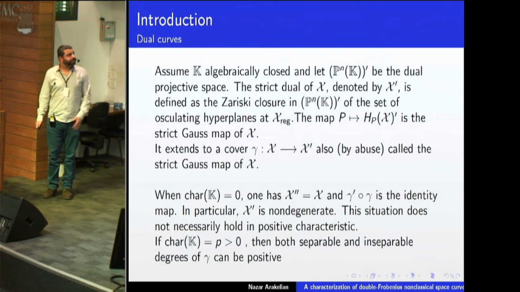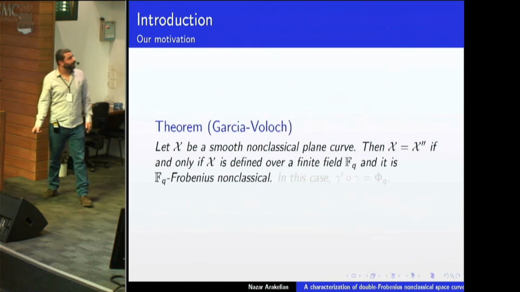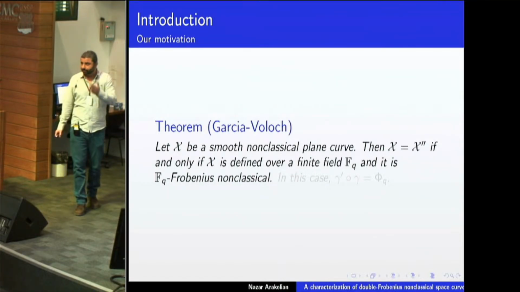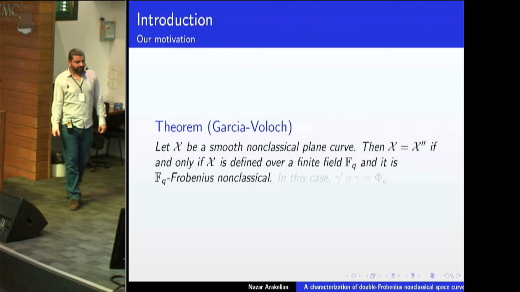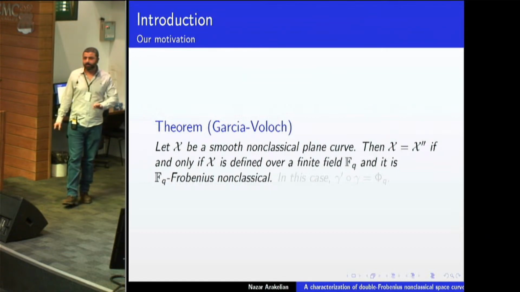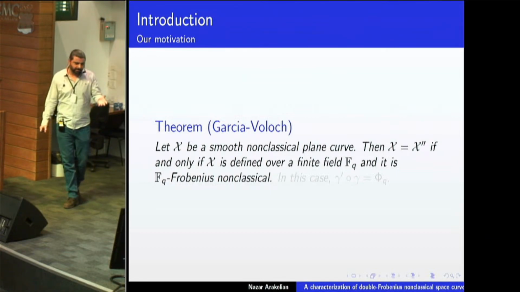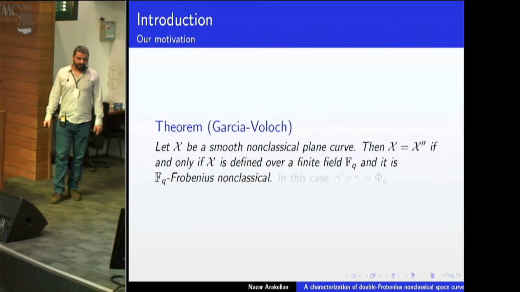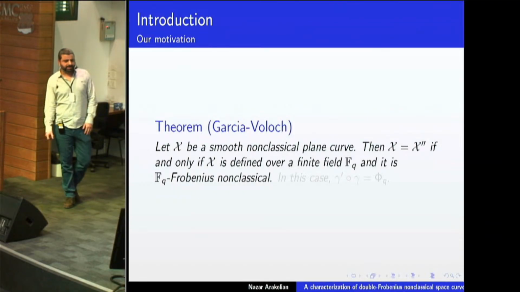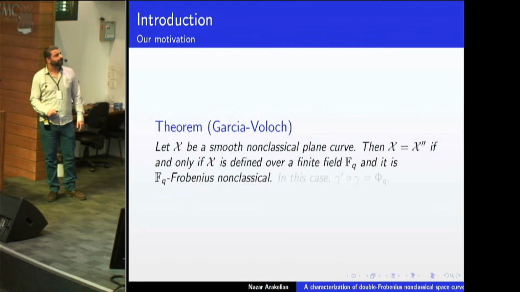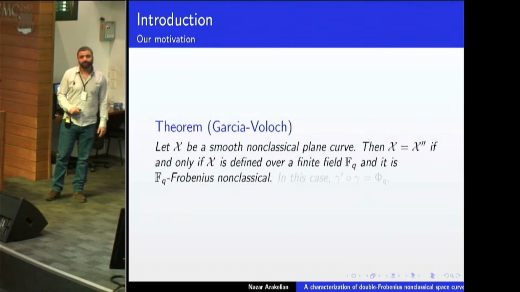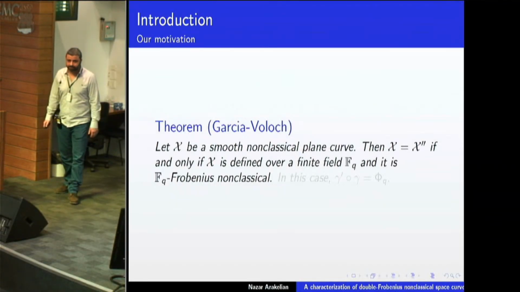Because our motivation is this very nice result by Professor Garcia and Professor Voloch that shows the following. If you take a smooth non-classical plane curve, then you have this bidual property if and only if your curve is defined over F_q and it is F_q Frobenius non-classical.